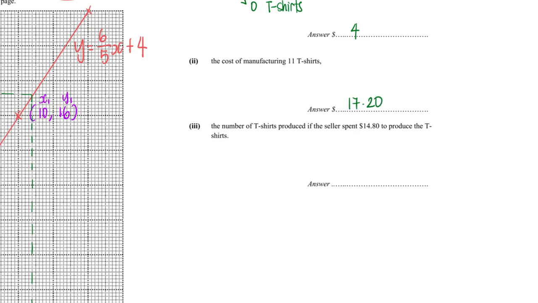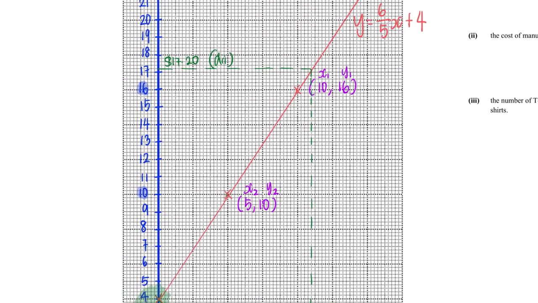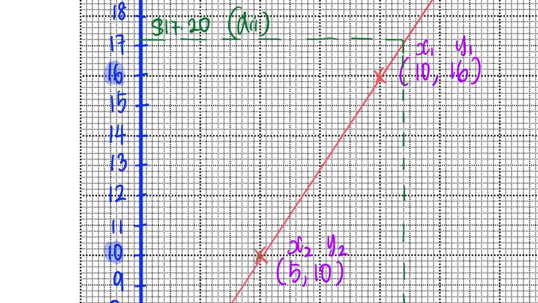$17.20. And the number of t-shirts produced if we spend $14.80. So going back to here, $14.80 is here.